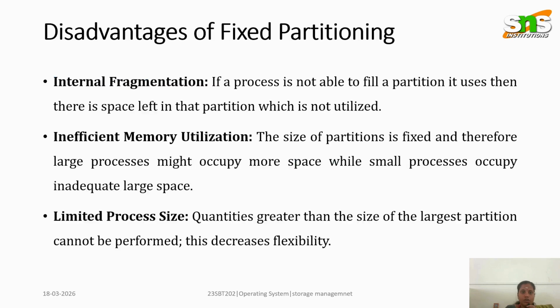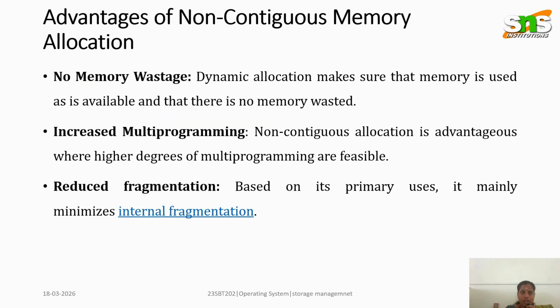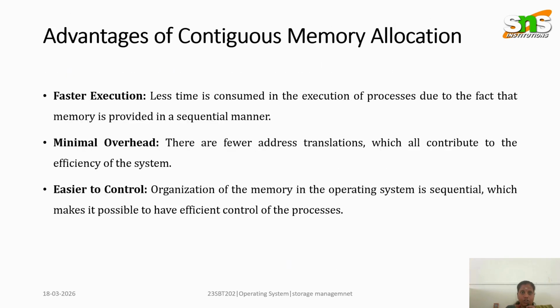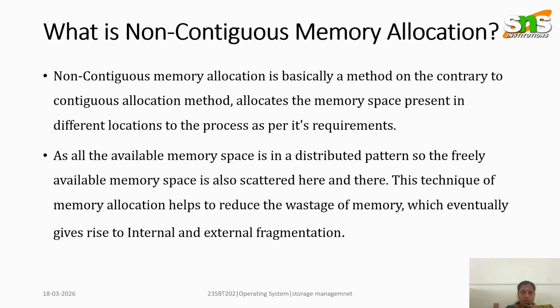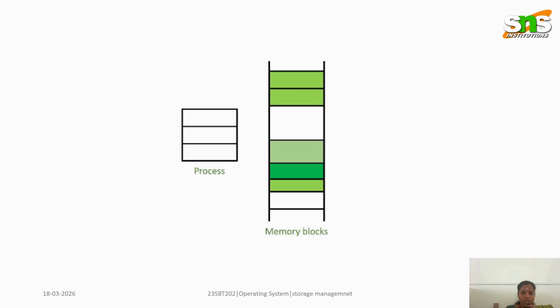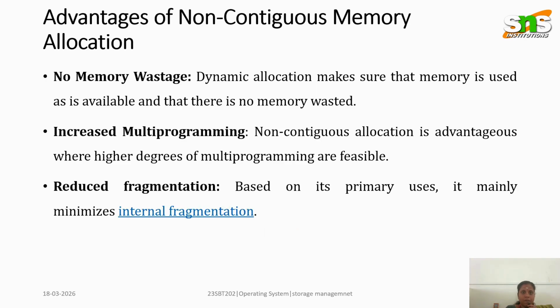So in this video, we have seen various types of memory allocation. The first one is contiguous memory, where the contiguous memory has a fixed size of storage for all the processes. Next one is non-contiguous memory allocation, where it does not have any fixed size. So based on the memory the process requires, we can allocate the space in this memory.